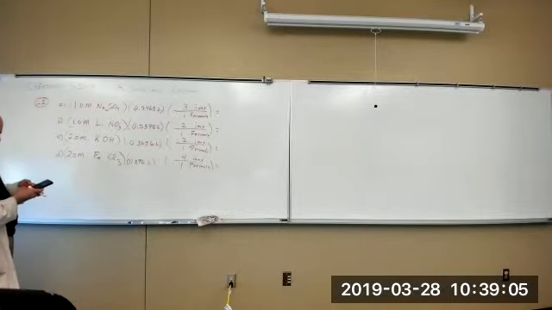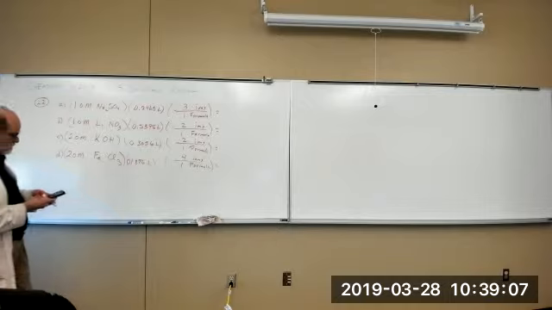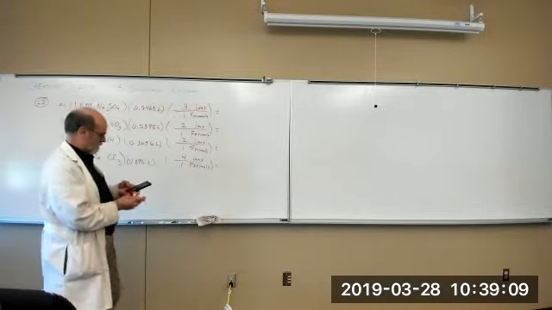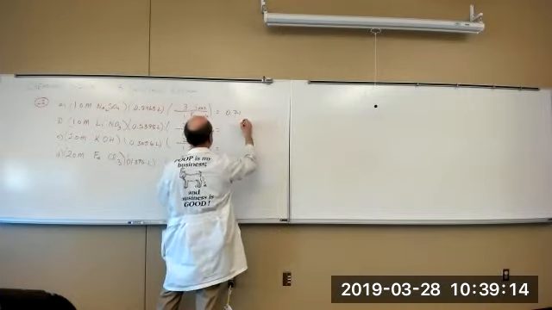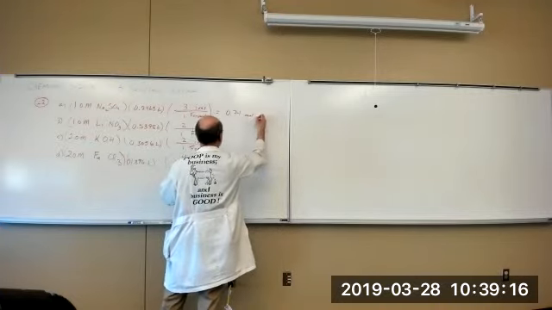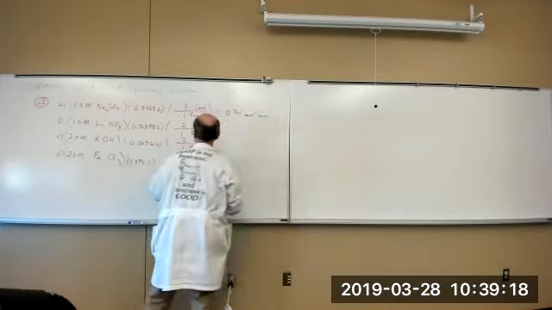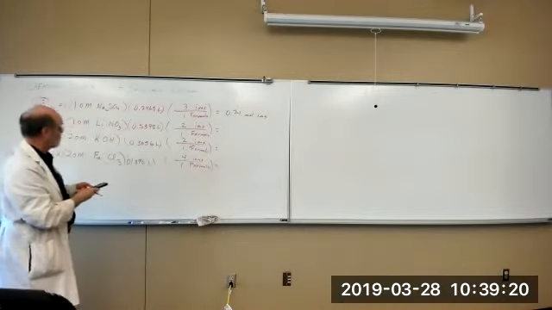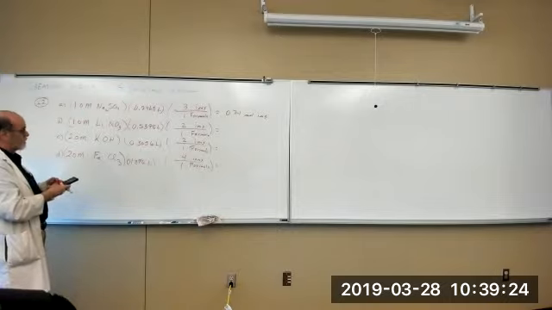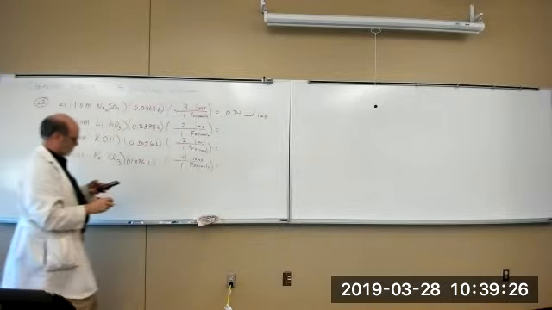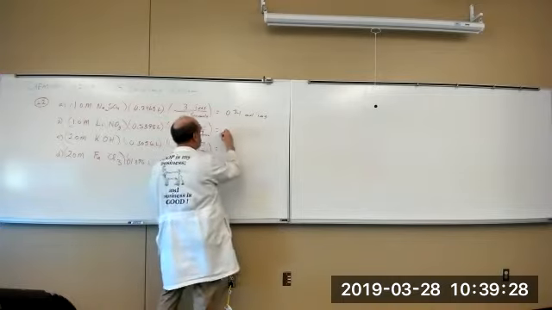Okay, so 0.2468 and 3. So I get 0.74 moles of ions. And then we have 0.5398 times 2, 1.08.